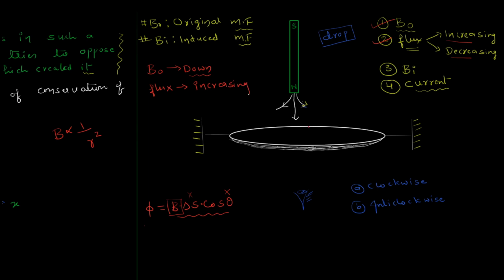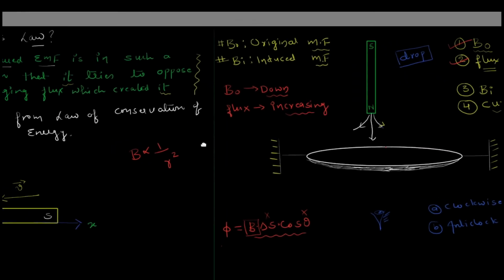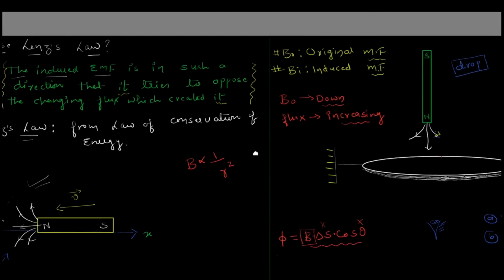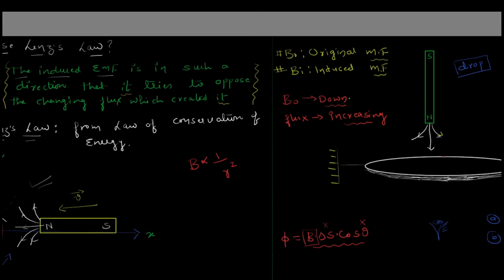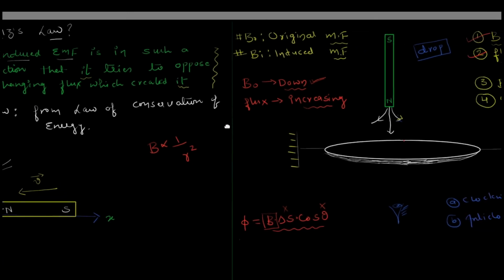Now that we have identified this, let's go back to Lenz's law a little bit. You have identified two things. One, the original magnetic field is downwards, and two, the flux is increasing. According to Lenz's law, the induced current should be such that it tries to oppose any change of flux, right?